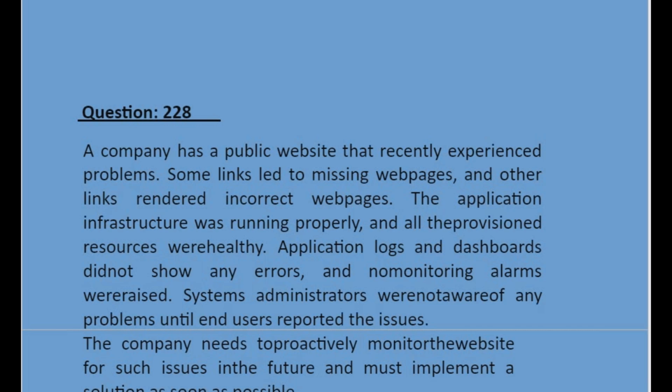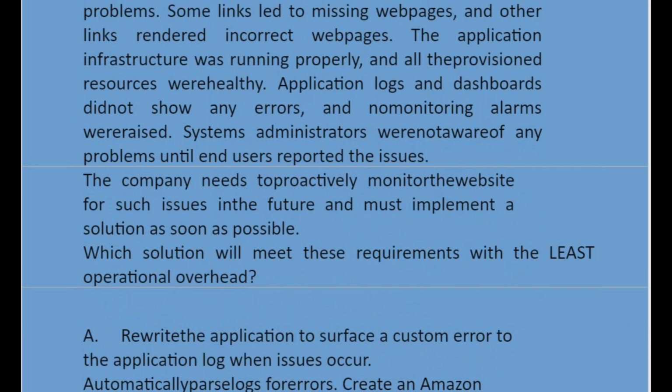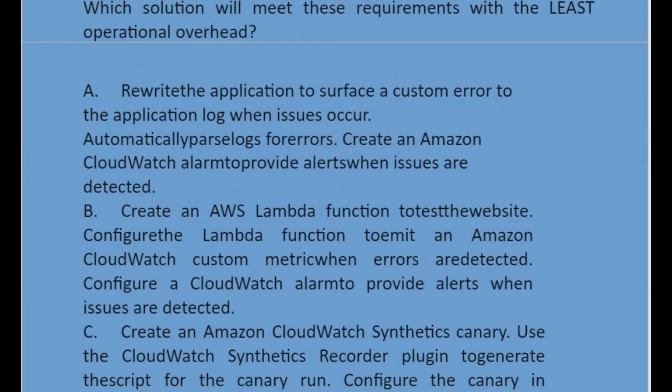Systems administrators were not aware of any problems until end users reported the issue. The company needs to proactively monitor the website for such issues in the future and must implement a solution as soon as possible. Which solution will meet these requirements with the least operational overhead?